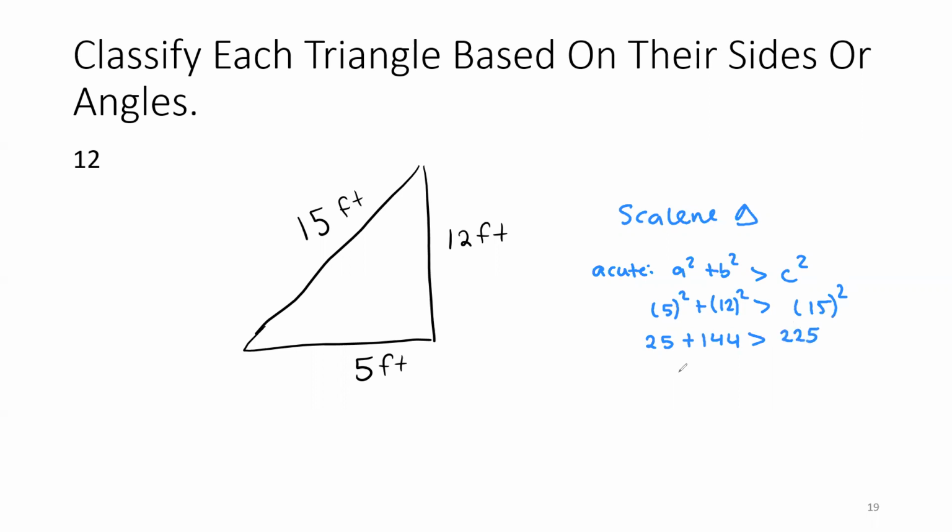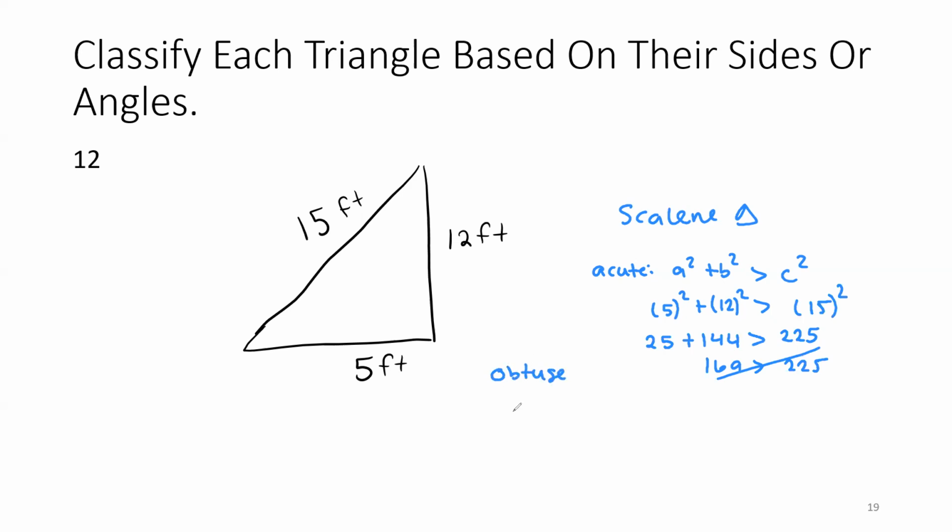So 25 plus 144 is 169. This is false. 169 is definitely not greater than 225, right? That's false. So let's see if it's an obtuse scalene triangle.